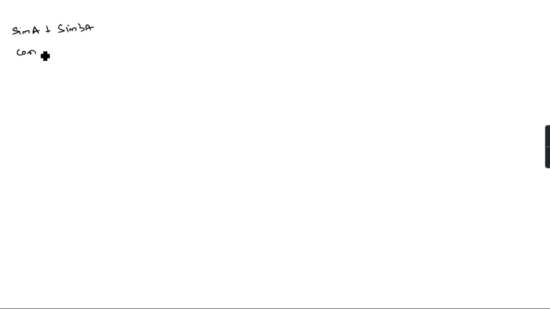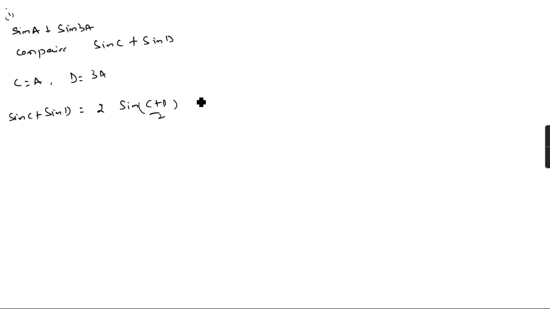So compare, this is the first one, sin C plus sin D. So what is the C here? C is nothing but A and D is nothing but 3A. That is, C value is equal to A and D value equal to 3A. So write as a formula, sin C plus sin D. What is the formula for sin C plus sin D? 2 sin of (C plus D) by 2 cos of (C minus D) by 2.